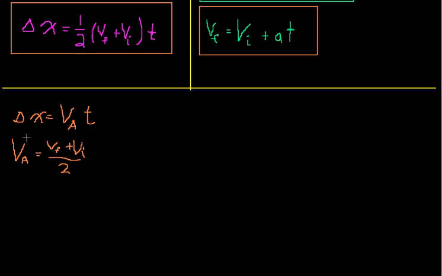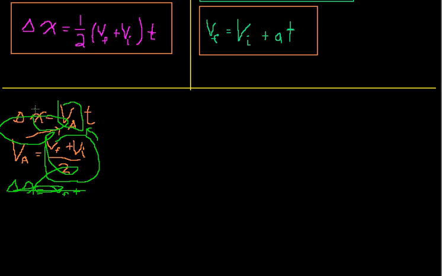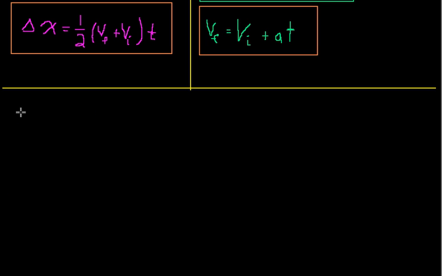So if we plug this in here, then we get delta x equals Vf plus... actually I don't even need to do this because we already did this up here, right? So I'm just going to erase that. We have this equation, right?